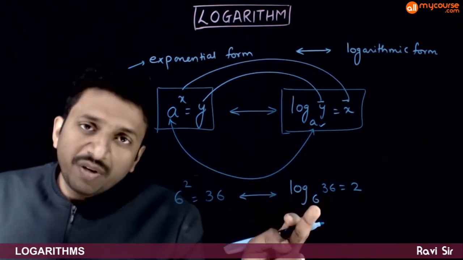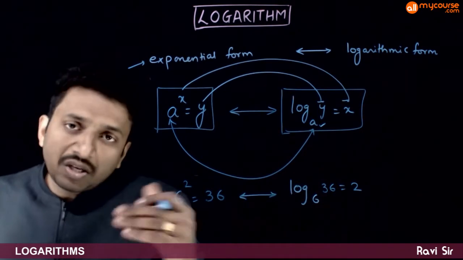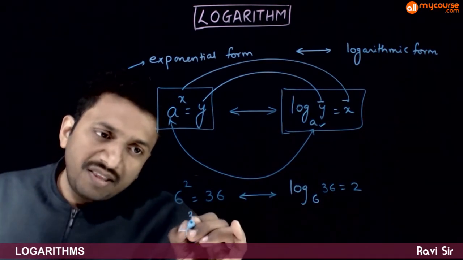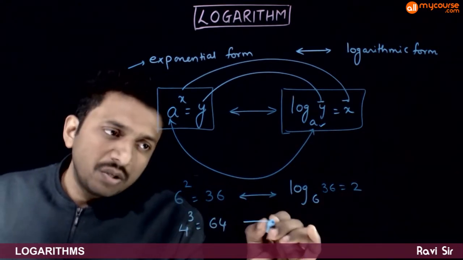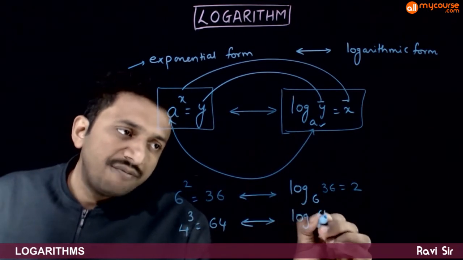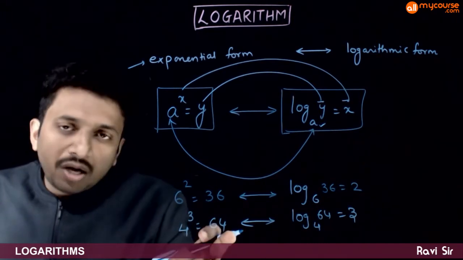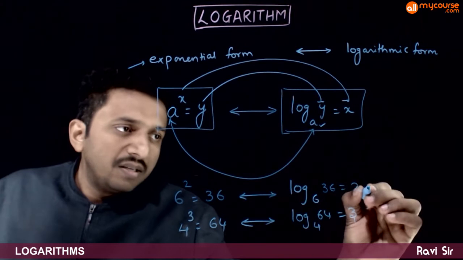That is, 6 has to be raised to the power 2 to get 36 as the answer. So if you have something like 4 power 3 is equal to 64, the logarithmic form of this equation is log 64 to the base 4 is equal to 3.